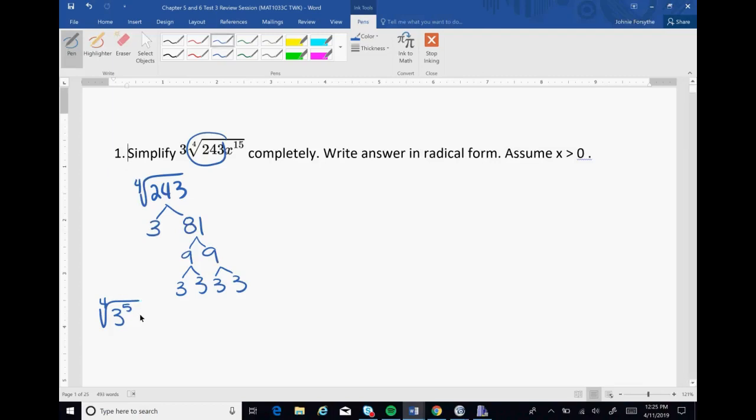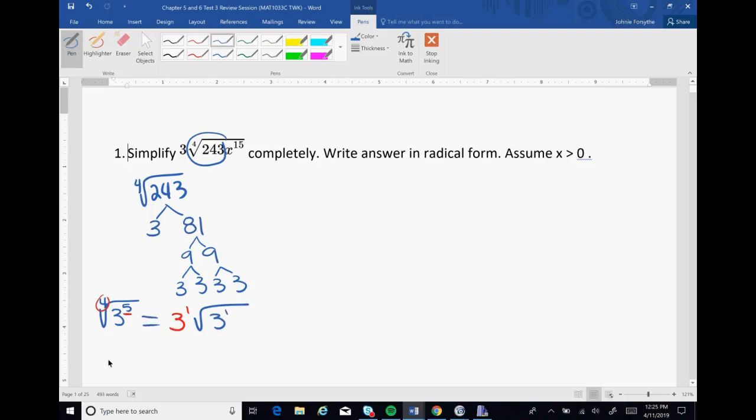How do we reduce that? Well, 4 goes into 5 one time, so I'm going to have 3 to the first on the outside, and how many left over? 1, so I have 3 to the first on the inside.